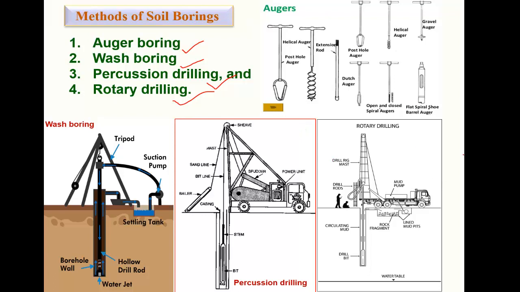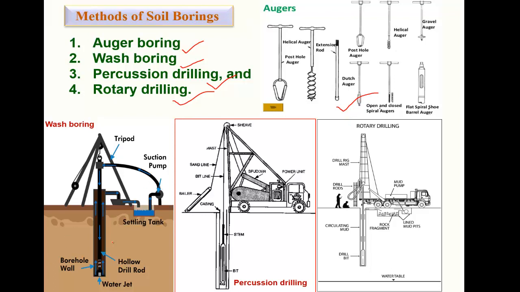So here you can see some of the devices or the equipment for the auger boring, right? These are mostly hand auger boring. You can execute it by your hand, and there are some mechanical or power driven ones also. So we'll see later.